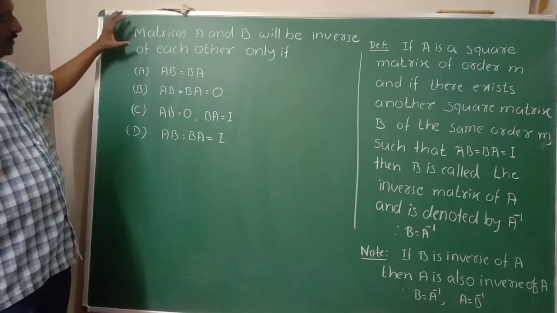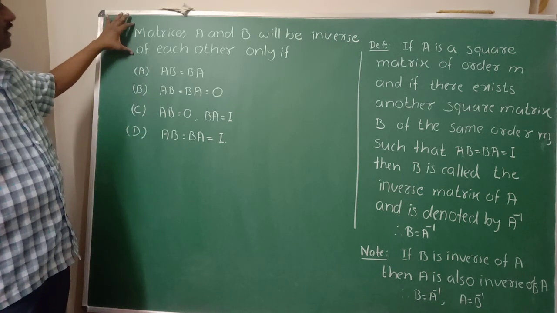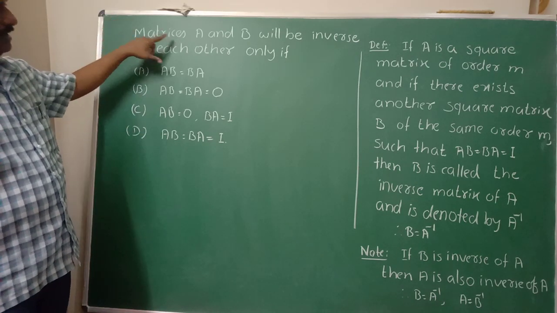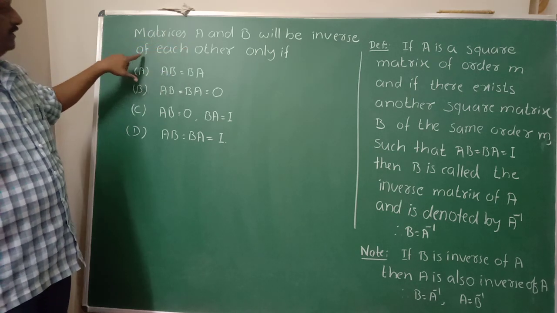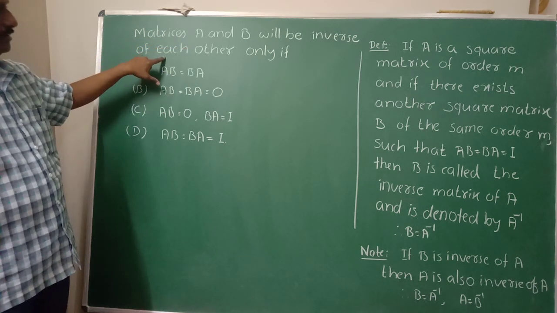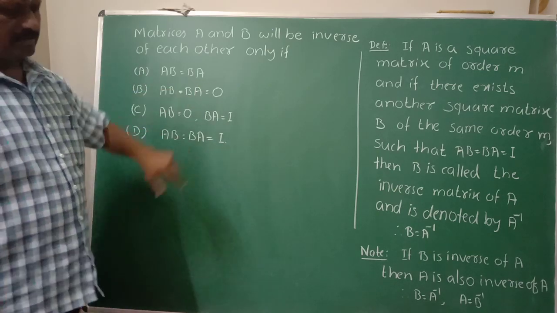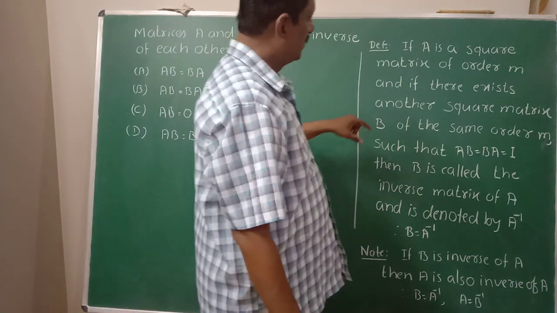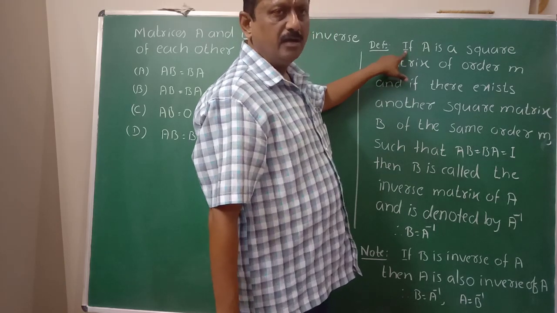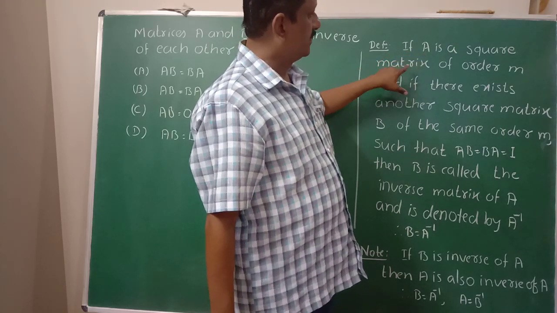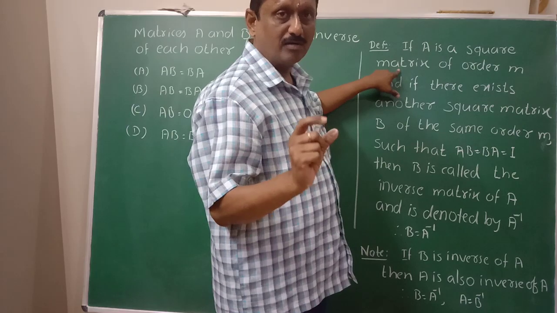There is one objective question: matrices A and B will be inverse of each other only if, and four options are given. There is a definition of the inverse of a matrix. According to that definition, A should be a square matrix, not a rectangular matrix.